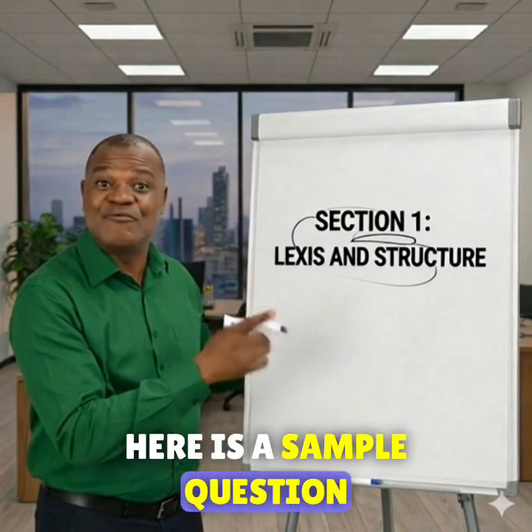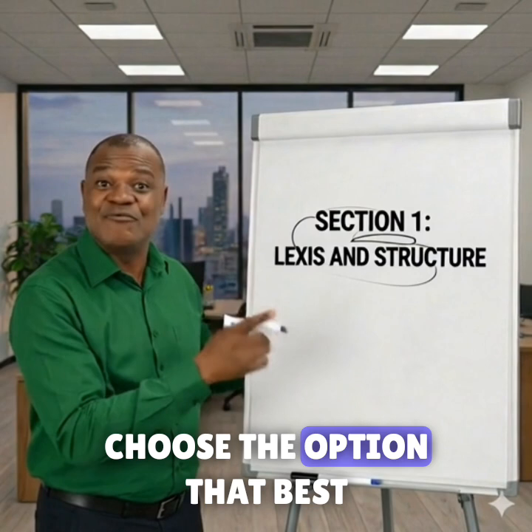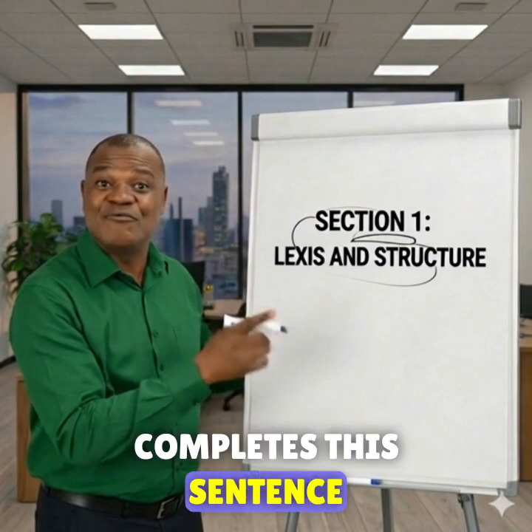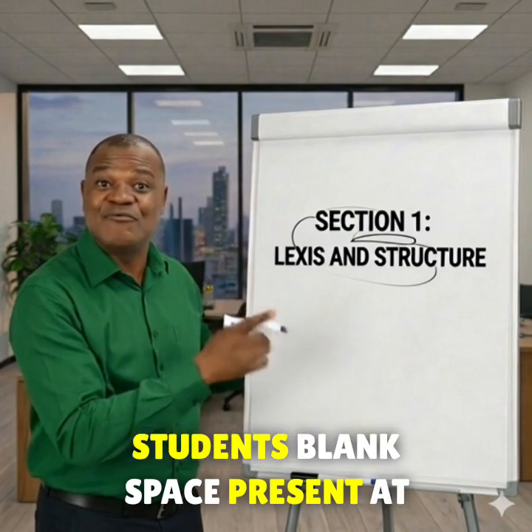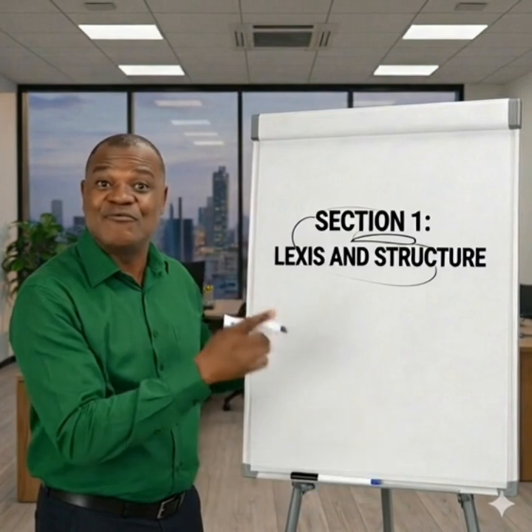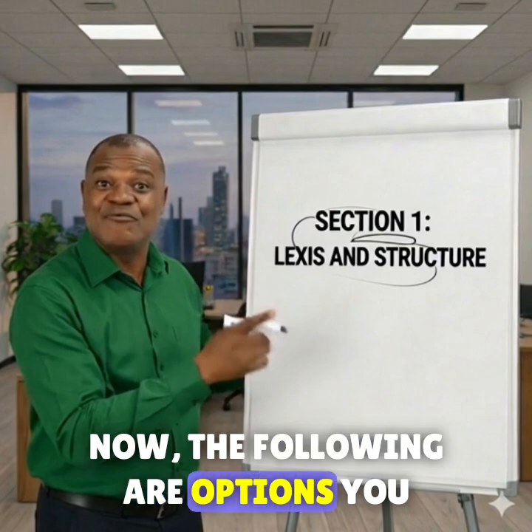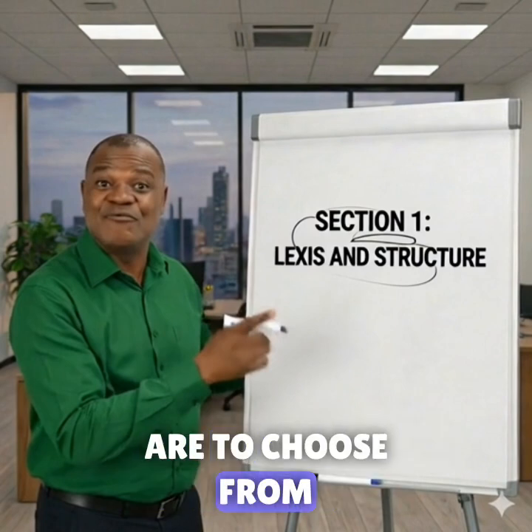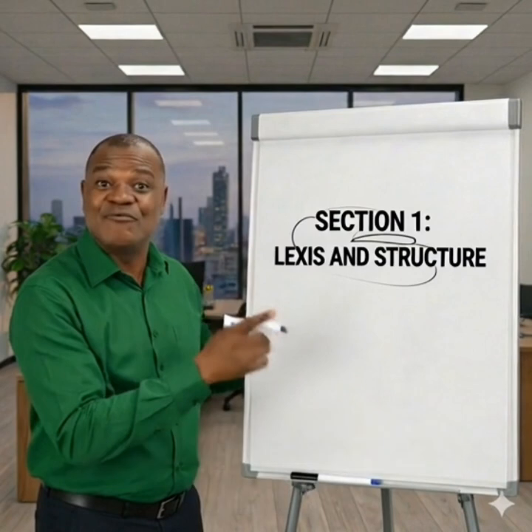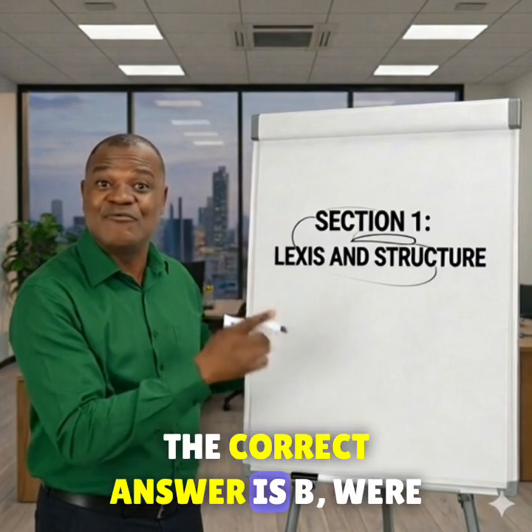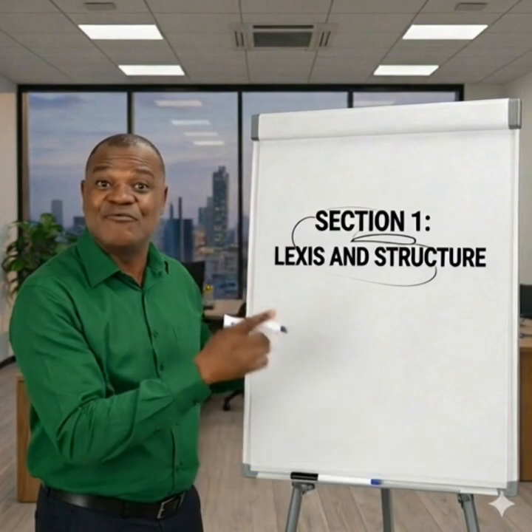Here is a sample question. Choose the option that best completes the sentence. Neither the teacher nor the students blank space present at the meeting. Now, the following are options you are to choose from. A, was; B, were; C, is; and D, be. The correct answer is B, were.